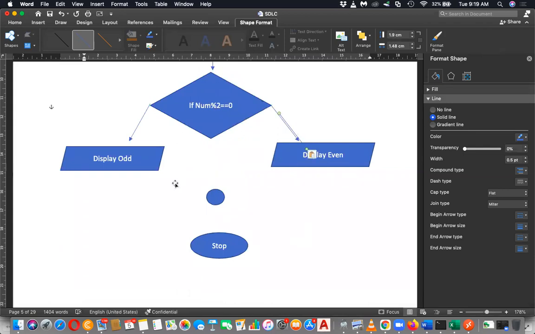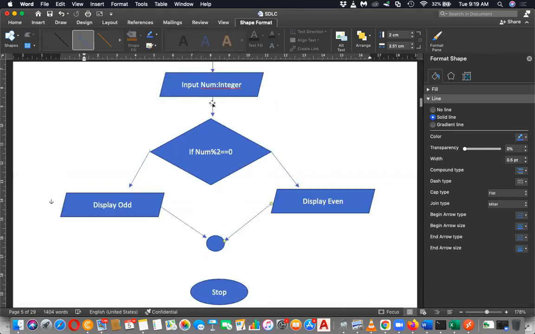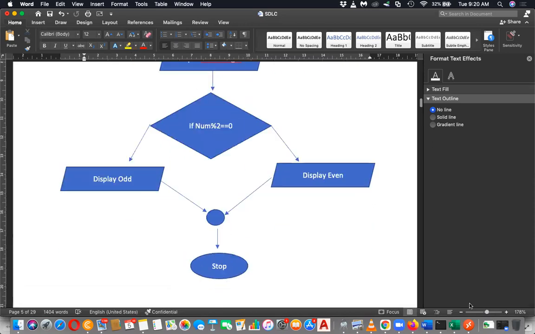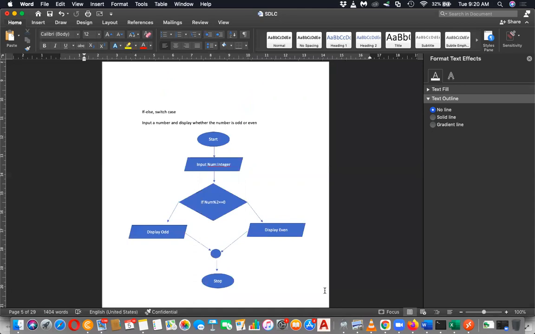This one will connect here. An arrow down to complete. So the flowchart would be like this. I think we discussed this, right?